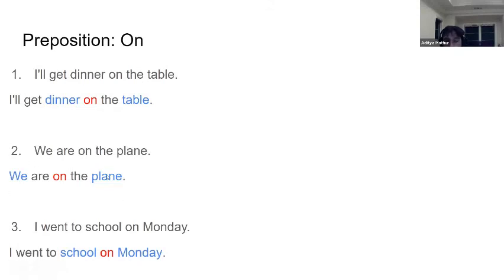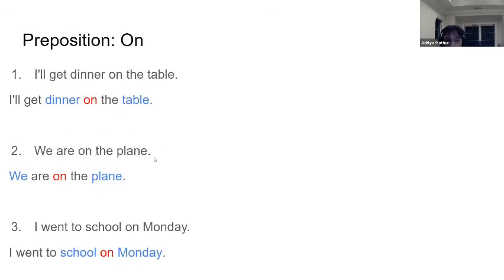And plane is a noun because it's a thing. And in the middle, we have a preposition, which is on, which is relating these two nouns. It is relating we and the plane.